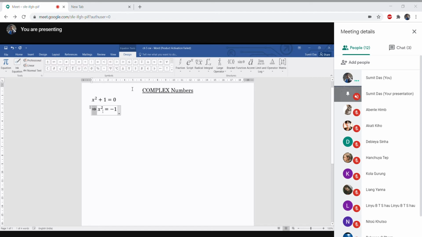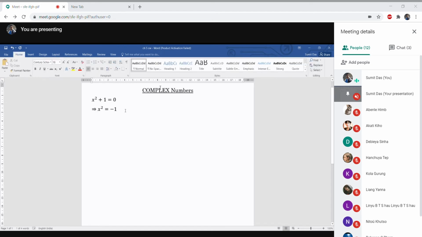Then next line I can write x equal to plus minus square root of -1. Sorry. Let me know if I made any mistake or not.